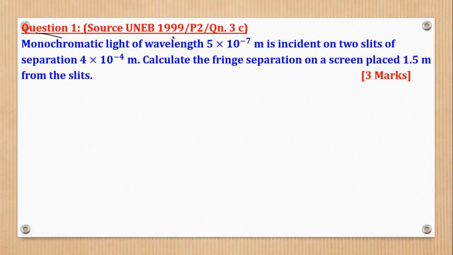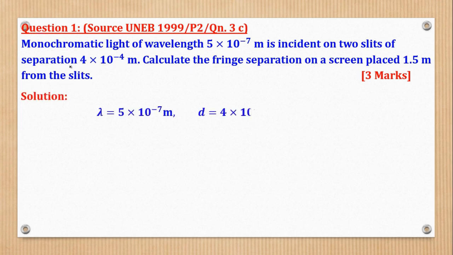So question 1 came from UACE 1998 paper 2 question 3c, and it says monochromatic light of wavelength this is incident on two slits of separation this. Okay, calculate the fringe separation on a screen placed 1.5 meters from the slits.